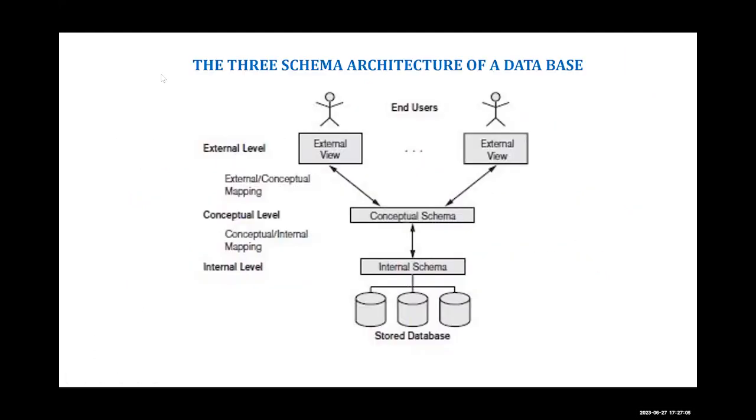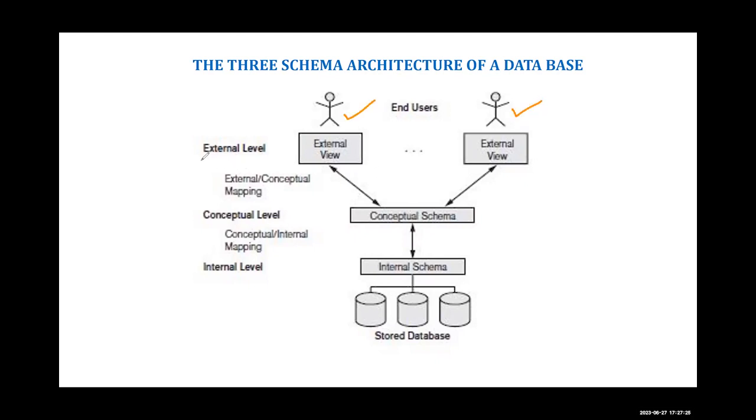Okay, now let us see what a three schema architecture of a database is and how it enables us with data independence, right? Now what you see here is a three schema architecture of a database. So I have your end users. This is where usually we will be sitting.